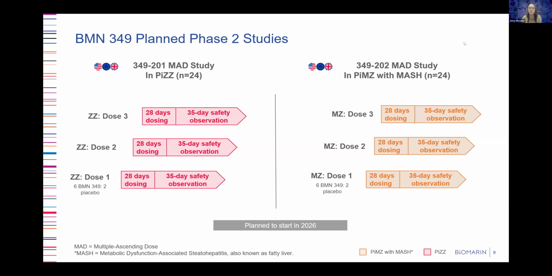What that means is you start at the lowest dose, you dose for about a month, and then we look at the safety and the PK and see, is it safe to go up to the next higher dose? The purpose of these studies is to find the highest dose we can go to in terms of efficacy that is still safe. We hope to start these studies within the next year and share more information with you on these.